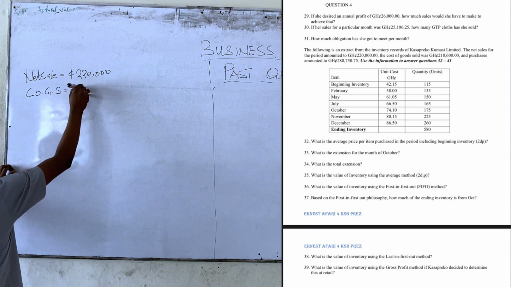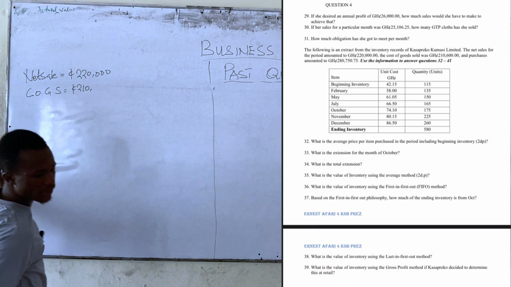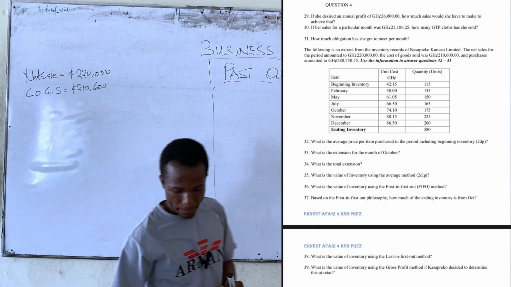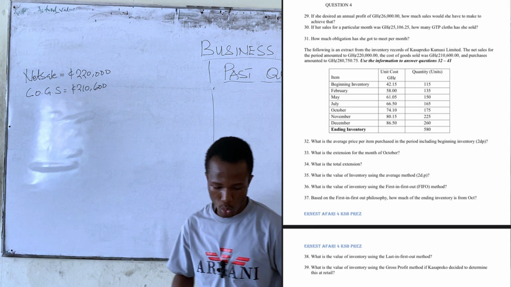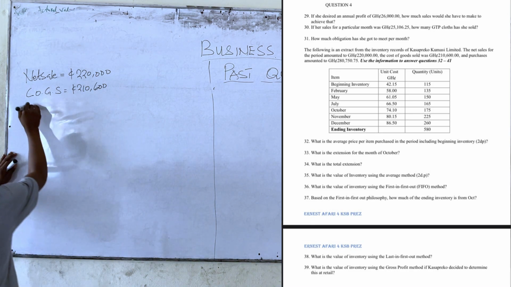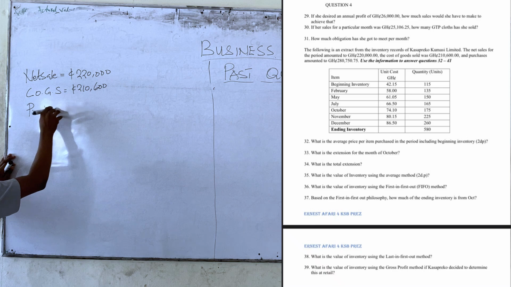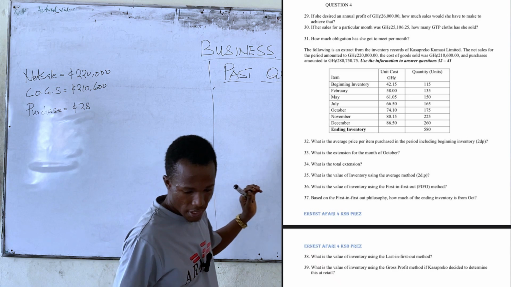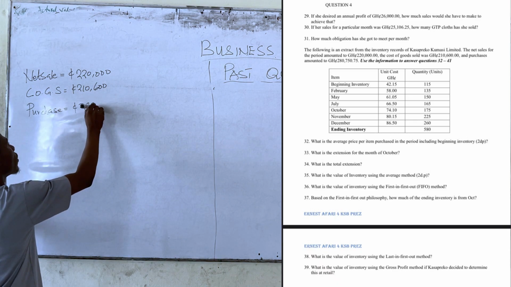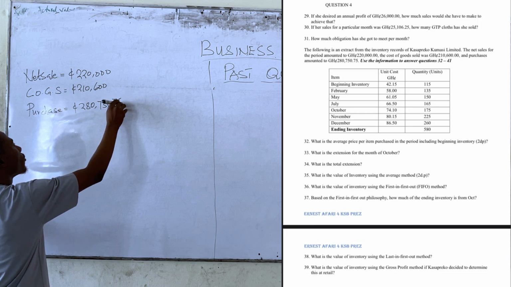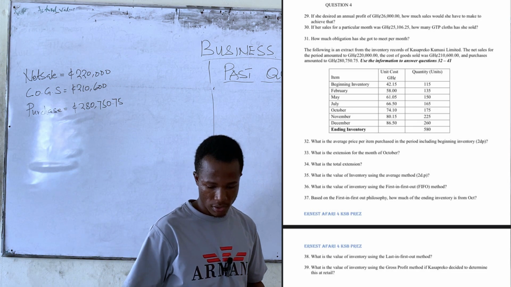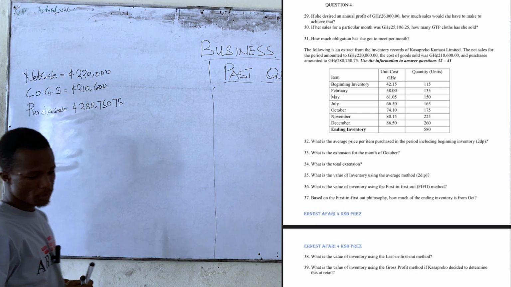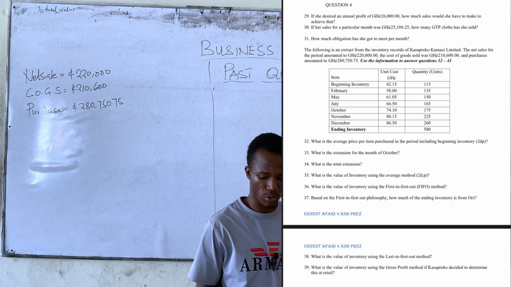And purchases amounted to 280,000. We have purchases as well, 280,750.75. Okay, that is it. So use the information to answer question 32 to 41.